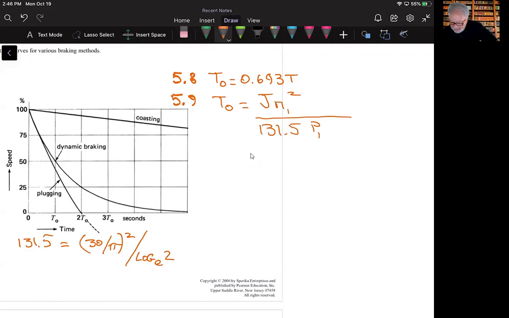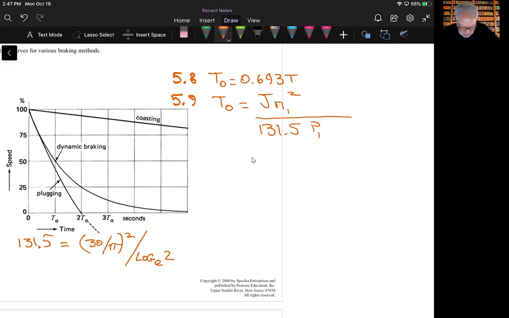We get to leave that to the physics class and the math classes. So this 131.5 is equal to 30 divided by pi squared divided by the log base e of 2. Okay? Now, I don't know about you, but I think the derivation of that would be pretty involved, and so I'm glad that's just handed to us and we get to run with it.